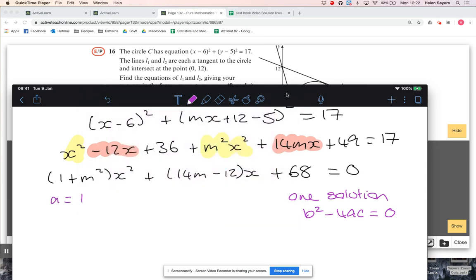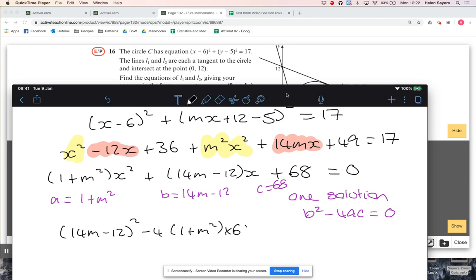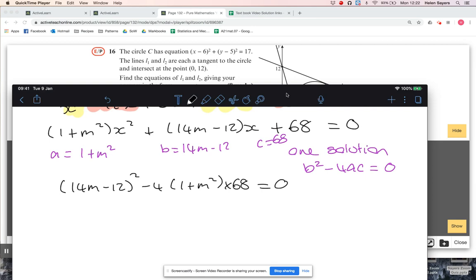This was why I wanted to factorise those terms, because now I can clearly see the coefficient of x squared, the coefficient of x, and my constant. So b squared minus 4ac should equal 0, so at least it's not an inequality one, I suppose. Small mercies. Okay, so I'm going to square out those brackets.